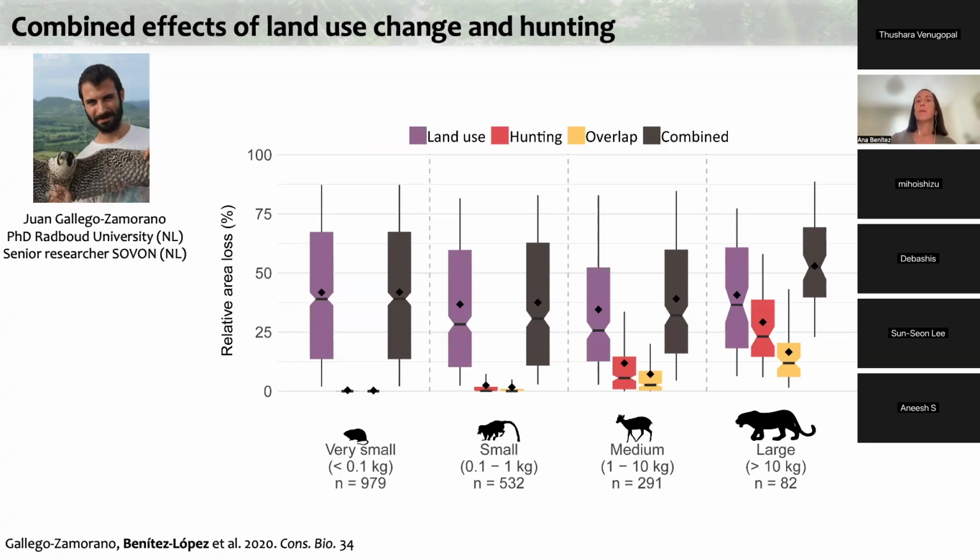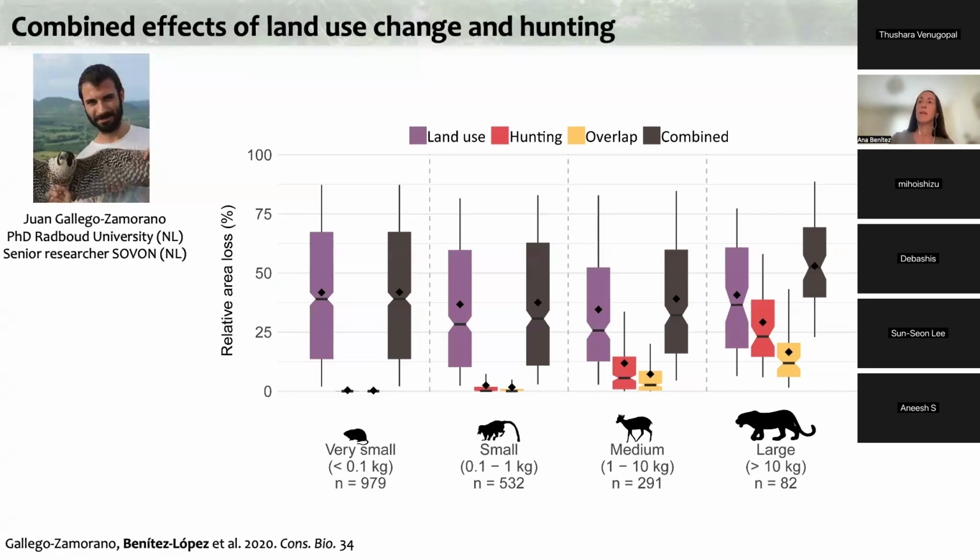And then we see a clear pattern. Very small to small size species are mostly affected by habitat loss. And then, as in the previous slides I showed you, it is mostly medium and large size species being affected by hunting, whose impacts start to take a toll on the distribution and range contractions of mammals only when they have a certain body size.